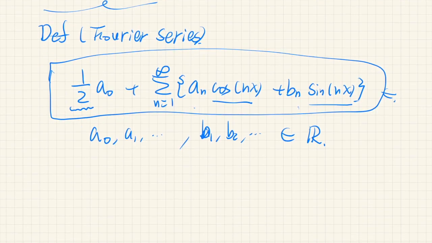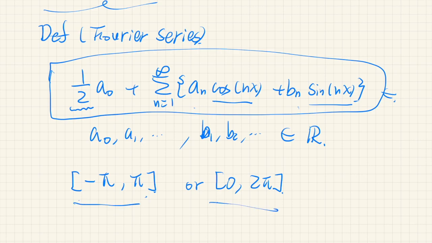So we can consider this function only on a domain, either from negative pi to pi, closed interval, or from 0 to 2 pi. Either is fine, or we can use something else as long as the length of the interval is 2 pi, but usually we use one of these. Oh, by the way, this x is of course a real variable.